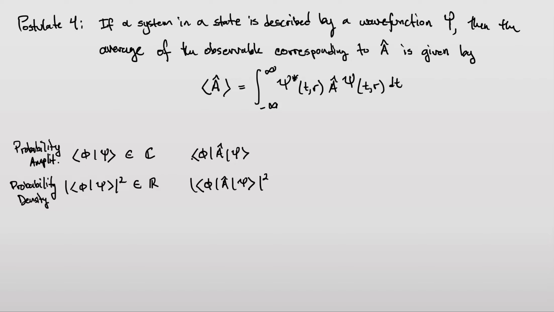This is an inner product. Here we read this as, what is the probability that this operator will transform this state to become this state. Okay? So we're reading this way in a sense. And then this is the probability density of that. And this is part of the complex numbers. This is part of the reals. These are the things we actually measure.